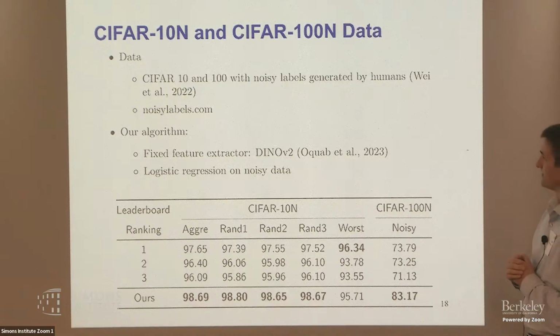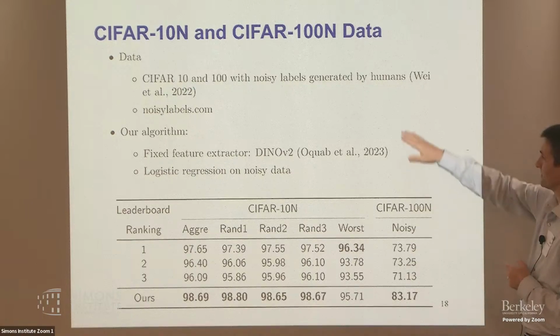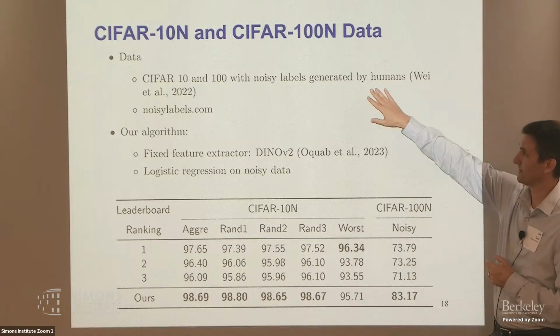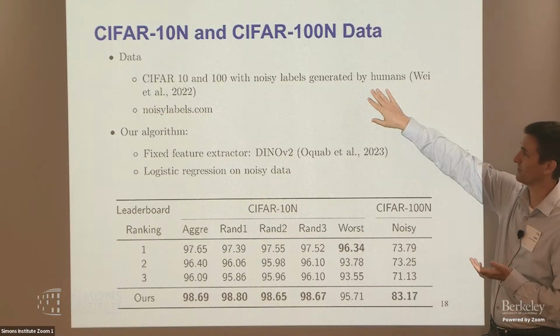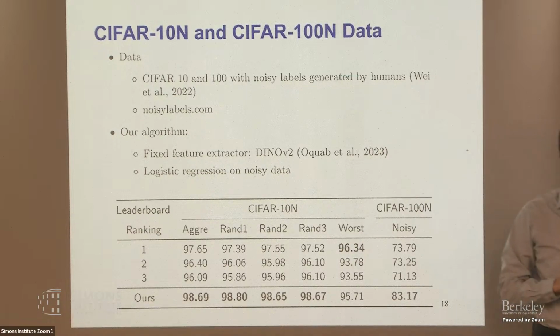They maintain a website and a leaderboard, and you can submit your algorithm and your performance. This is really the main benchmark that people use in this literature on label noise.